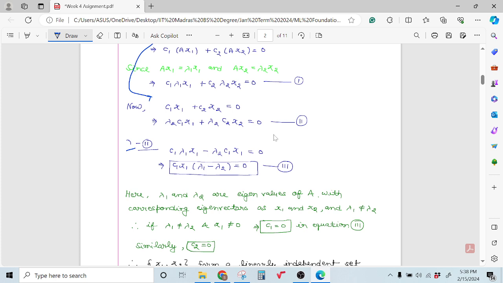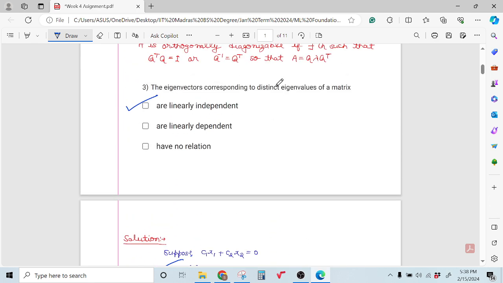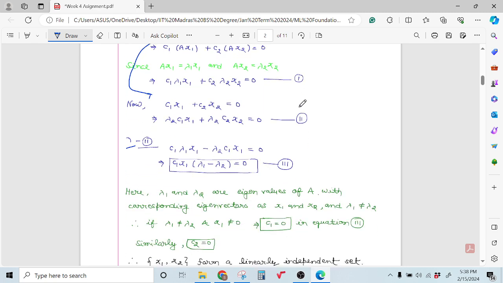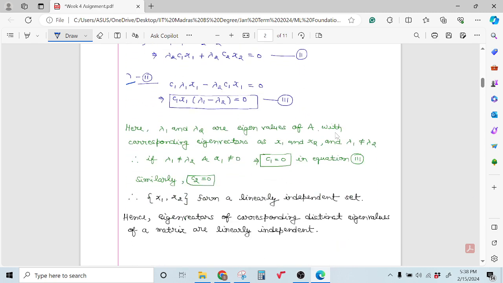Here it is given that lambda 1 and lambda 2 are eigenvalues of A with corresponding eigenvectors x1 and x2, and it is given in the problem that the eigenvalues are distinct. So lambda 1 does not equal lambda 2. So for this to be 0, we have c1 is equal to 0 in the third equation.